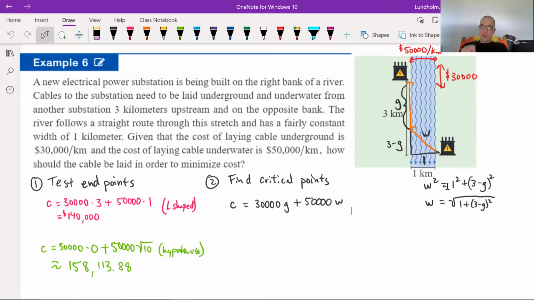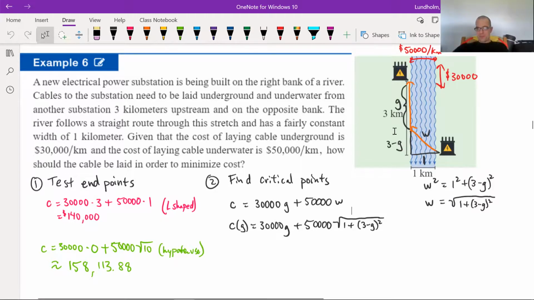And that's fine. So now we can go back and write our cost function as a function of G, where the 30,000 G part still stays the same, but we get 50,000 times this new way to write W, the square root of 1 plus (3 minus G) squared.